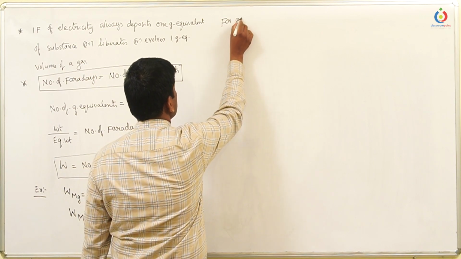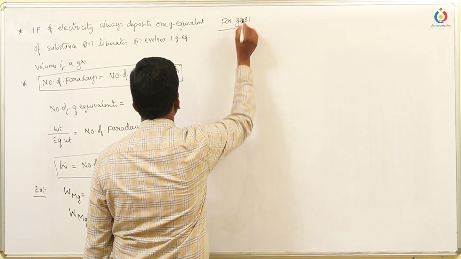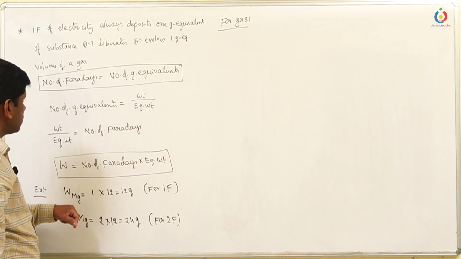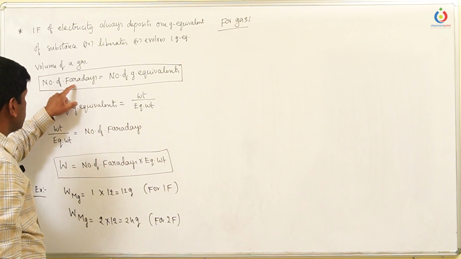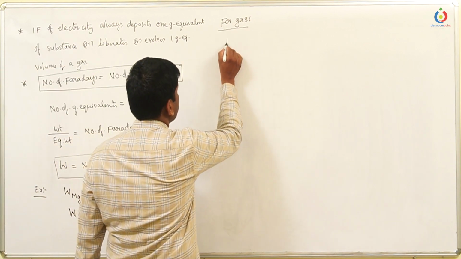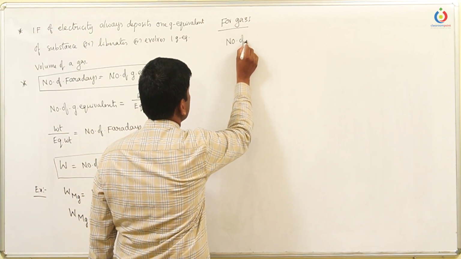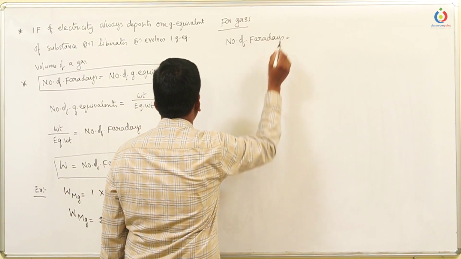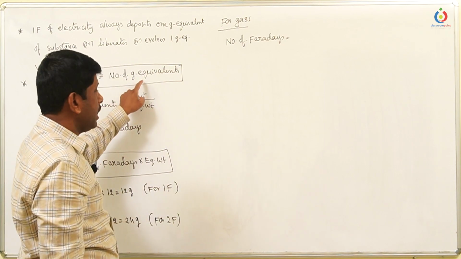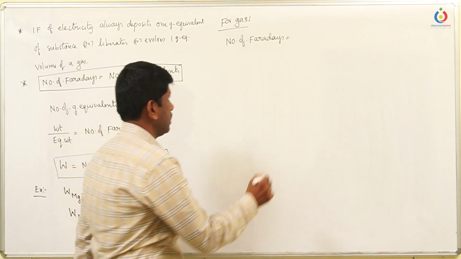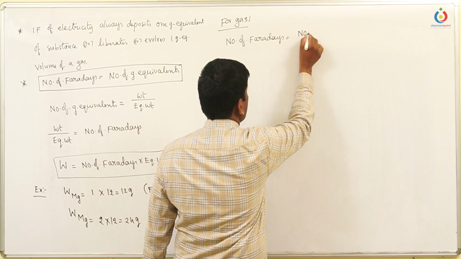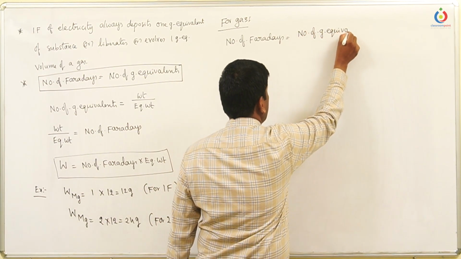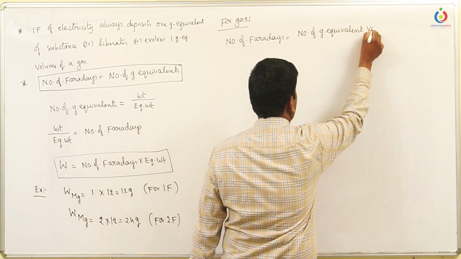For gases, we have calculated the weight for the metals that gets deposited. In terms of gases, the number of Faradays is equal to the number of gram equivalent volumes.